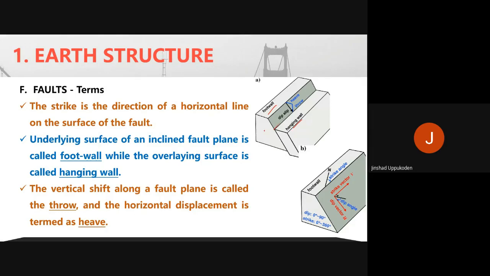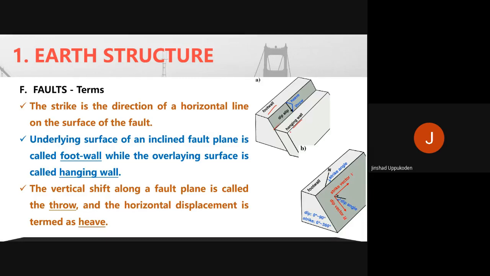Depending upon the overlying surface, the one that is above we call the foot wall, and the one below we call the hanging wall.